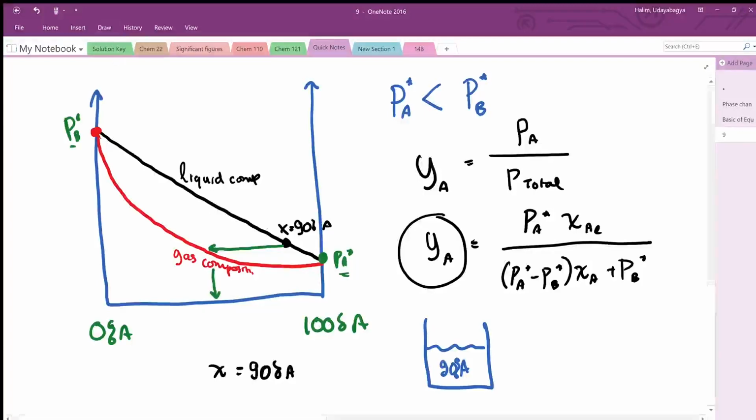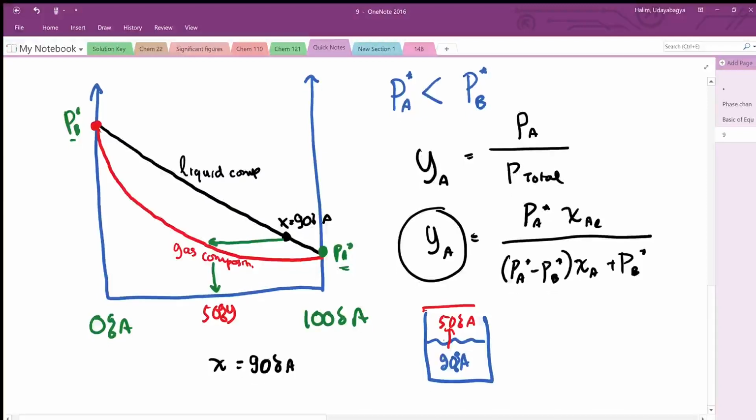That is, this is about the 50% y. While your container contains 90% A by mole, the vapor phase contains 50% A and then 50% B. So it's just saying that your vapor and liquid composition is not the same thing.